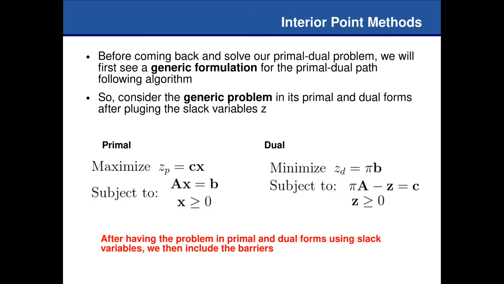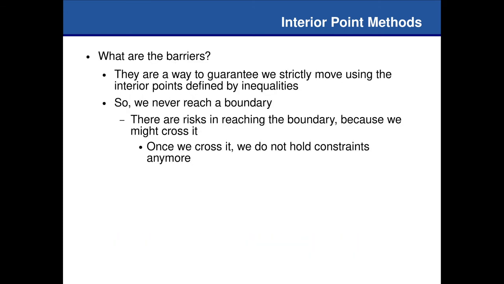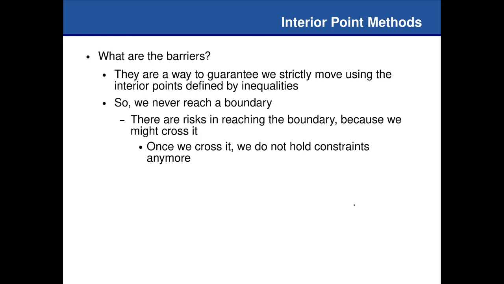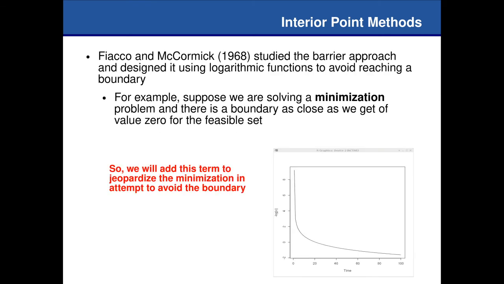Okay? So just to give another step, we need the barriers at this point. The barriers are going to affect the way we wrote those two problems over here, and you're going to see at this point. How are the barriers? The barriers, for example, look like this.